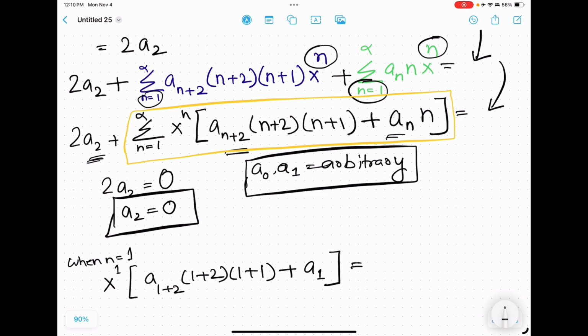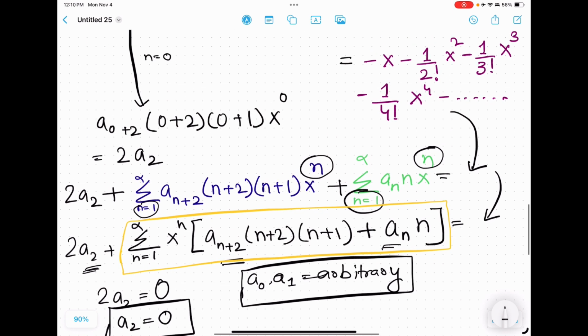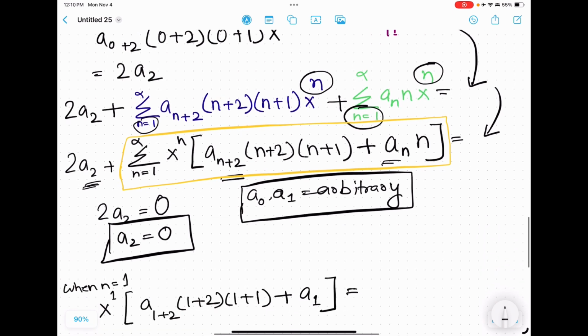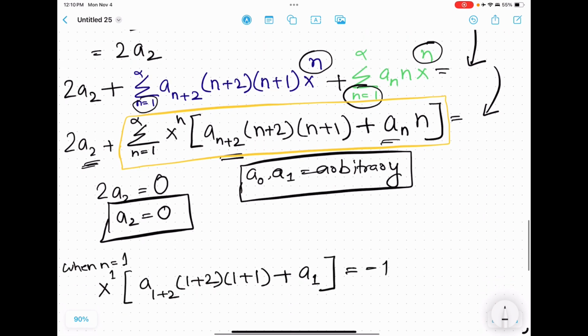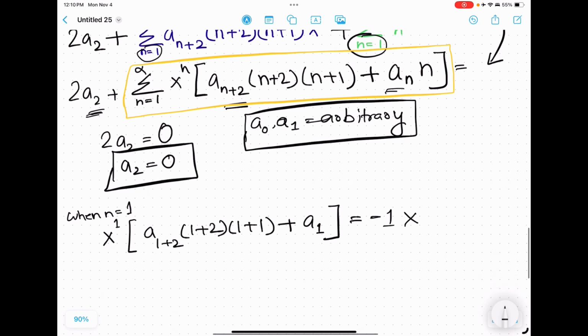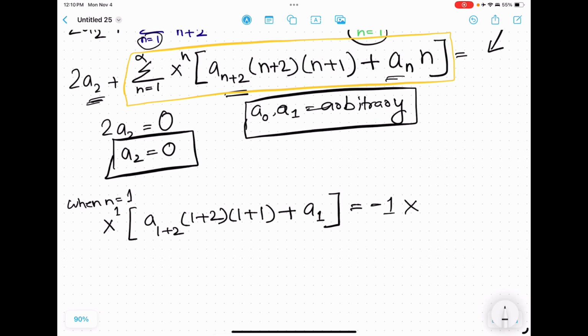If I look at my right, I can see that it's negative 1x. I could have just said negative x, but I wrote that for you to see.